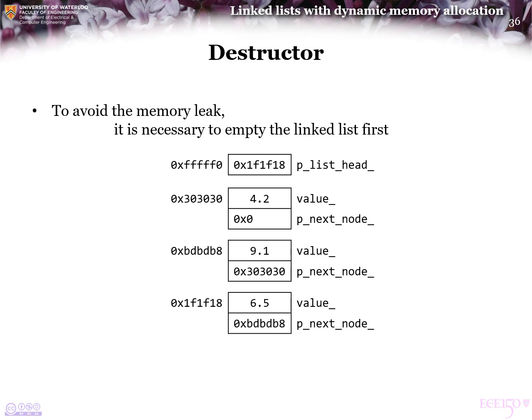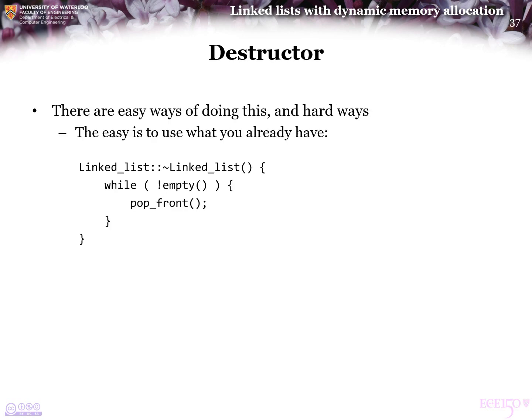You'll almost laugh. This is the easy way of implementing the destructor. While not empty, pop front. So essentially, this will keep on calling pop front on the linked list until the member variable pointer to list head is assigned null pointer. Nice, isn't it?